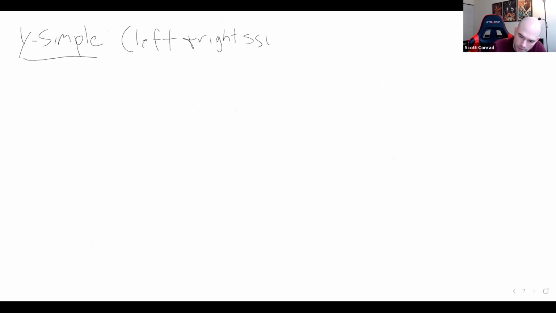So a y-simple region, we're going to think of that as having left and right surfaces. So the left surface is going to be y is equal to a function of the other two variables, x and z. And the right surface is going to be another function. Y is equal to another function of x and z.